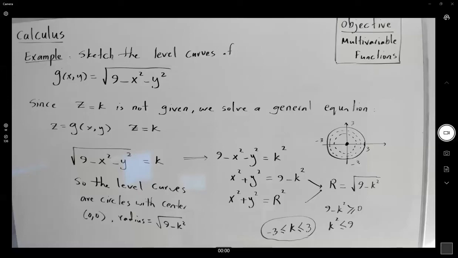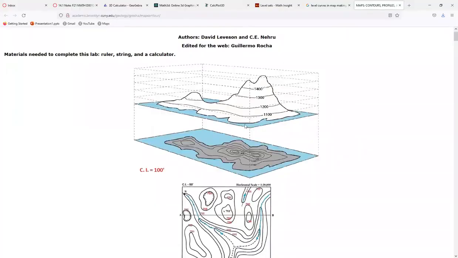Level curves in map making. As you can see here, we have, for example, some mountains, and they cut the mountains by z equals different k values based on the height of the mountain. The k values are going to be different. And as you can see, the level curves are in 2D.